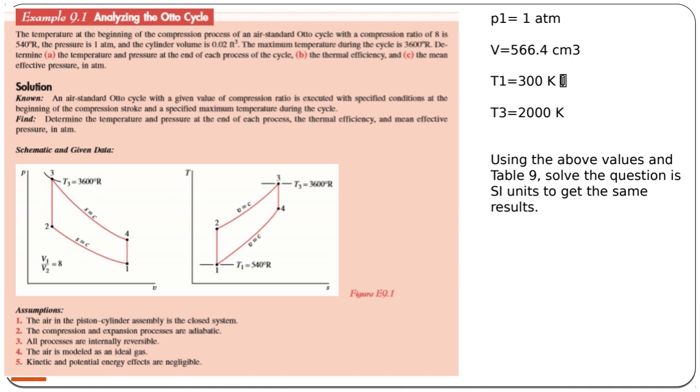There's a numerical example regarding the analysis of an Otto cycle, or in other words, spark ignition engine, or in other words, gasoline engine. We have four processes. You can see them in the PV diagram.